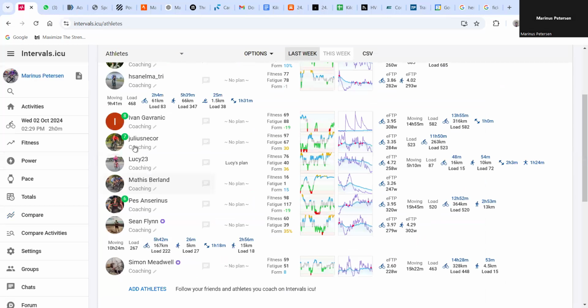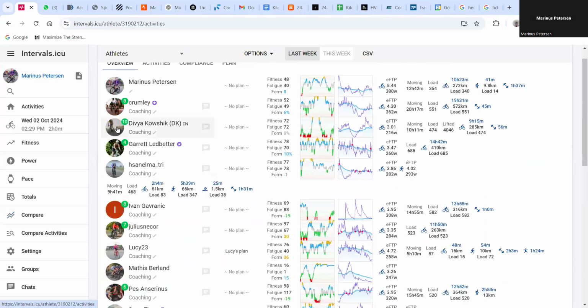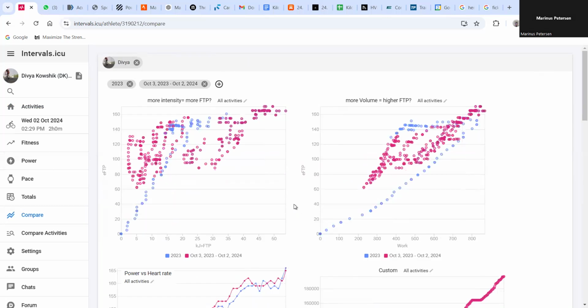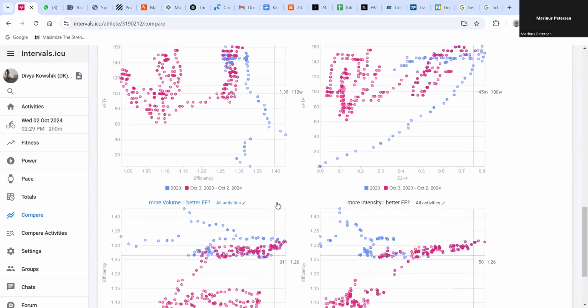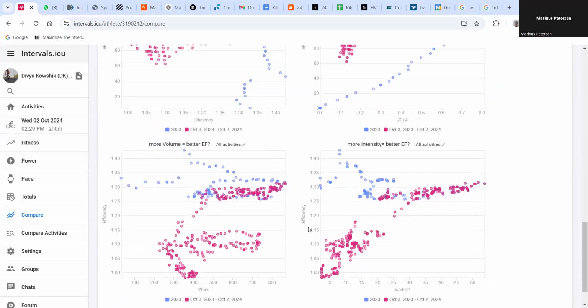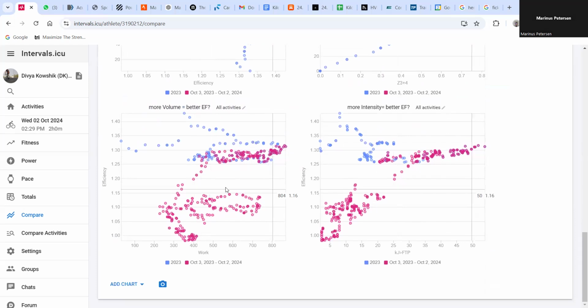If you're at a lower training volume, then I'd say focus less on intensity. If you're able to just do more volume, then do that first, because the response is going to be pretty much indistinguishable. Even more volume can increase your EF.